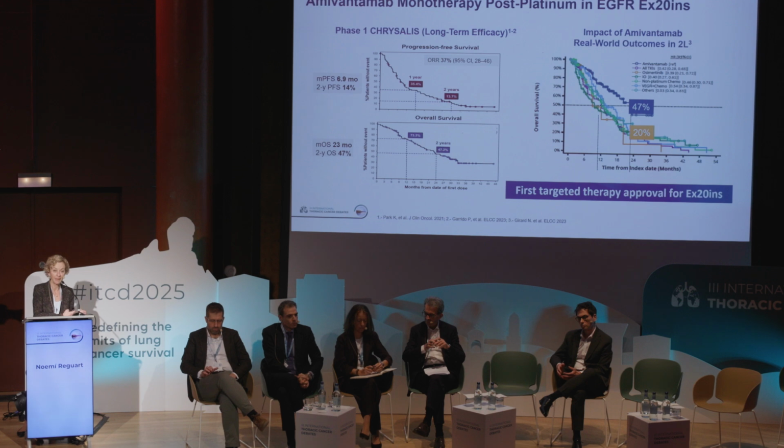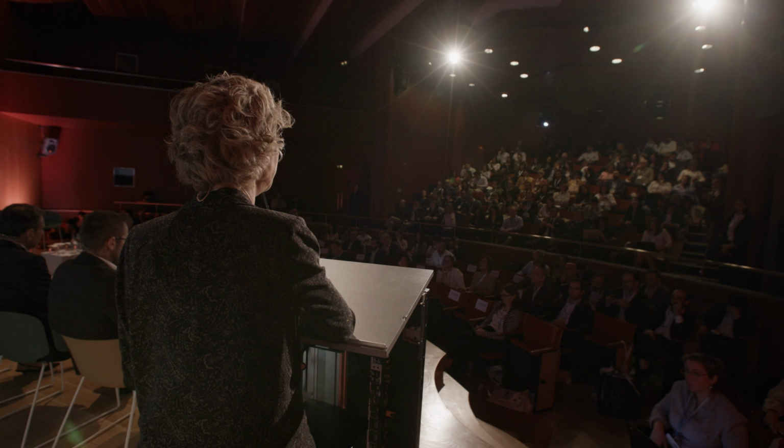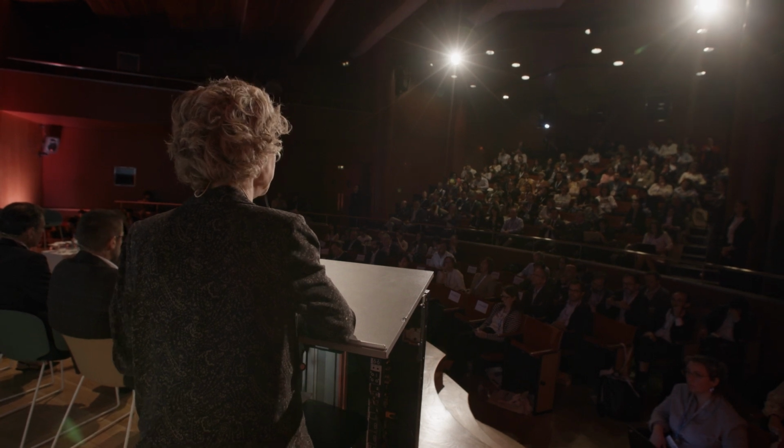And the first evidence of the activity of amivantamab, which I remind you is a bispecific MET EGFR antibody, was seen in the Chrysalis trial, which explored amivantamab monotherapy in patients that had been previously treated with chemotherapy.